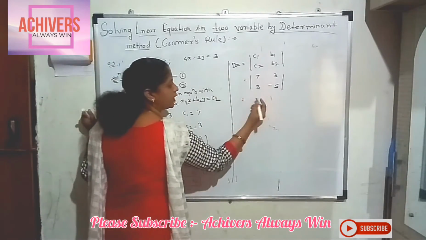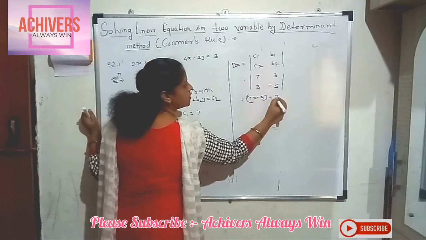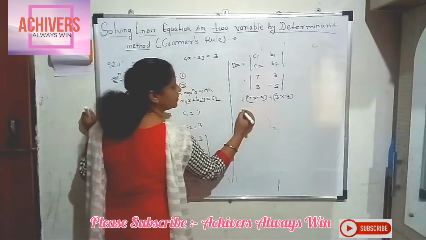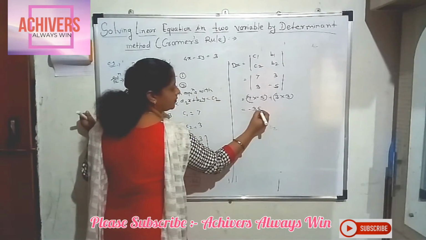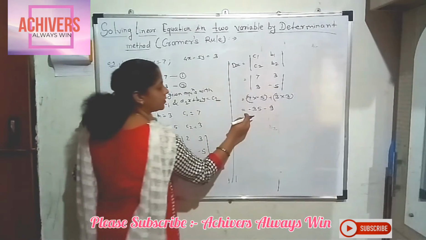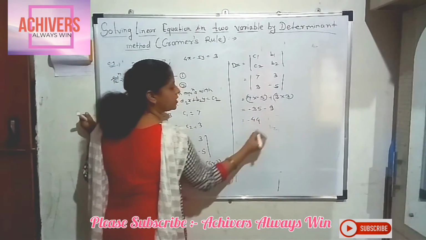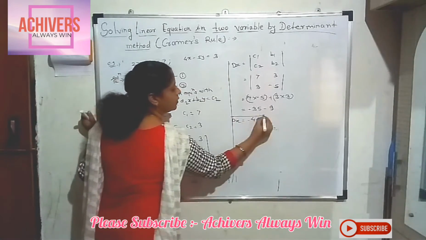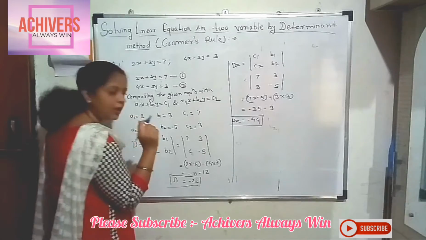First multiplication of those two numbers. 7 multiply minus 5 minus 3 multiply 3. Then 7 5s are 35. Minus 3 3s are 9. And minus 35 minus 9, take addition. We get minus 44. Value for dx.